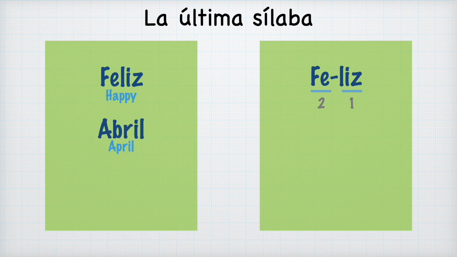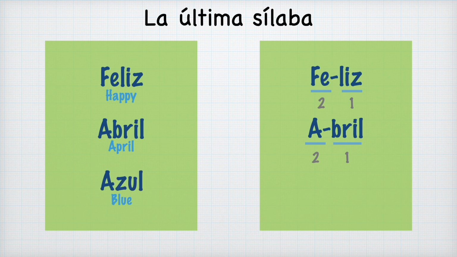We have abril. It means April. And again, it has 2 syllables. And the stress is going to be on the last one. Abril. And then we have azul. It means blue.